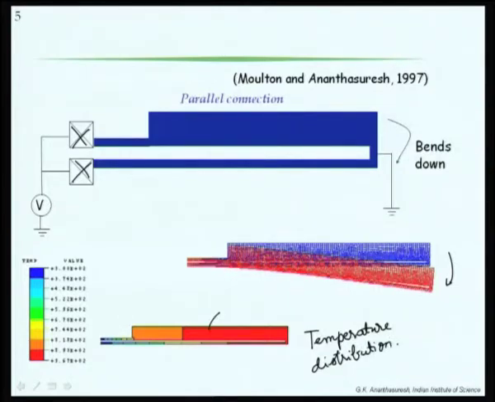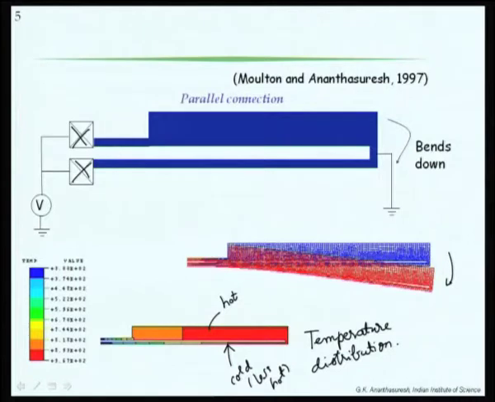You can see now this portion has become hot as compared to relatively colder, or less hot, I should say, because it does increase in temperature, because you are passing current, it will be less hot compared to this side. And so, the hotter portion will expand more, so it has to bend down like this. Why does this portion get hot?